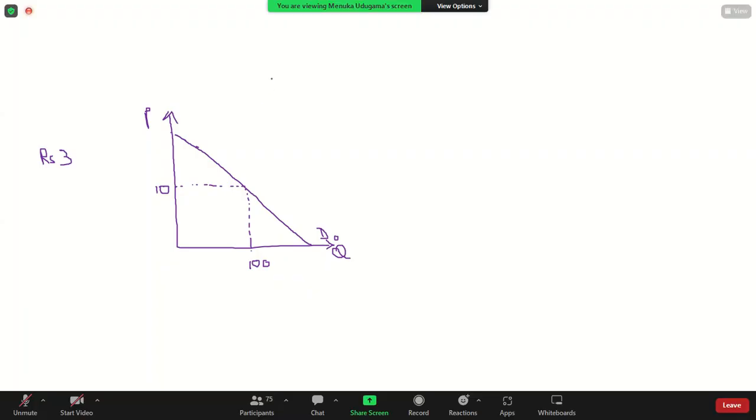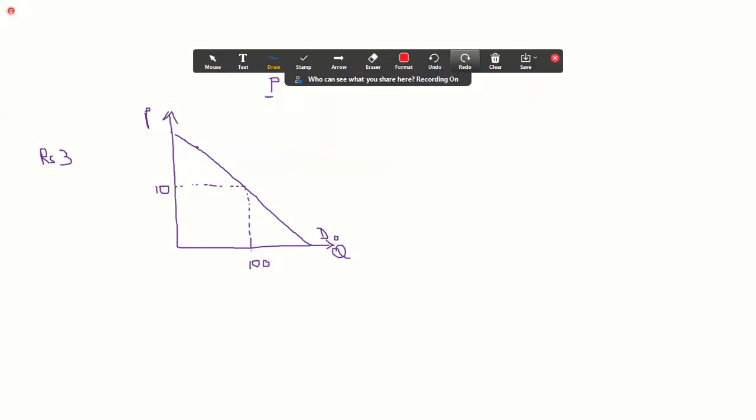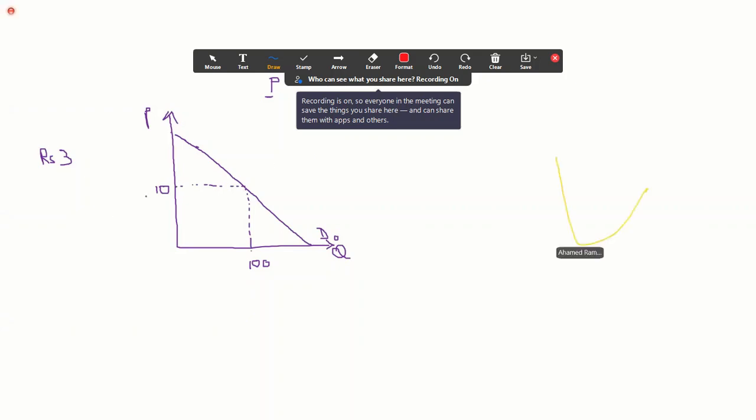So the price that consumers purchase at will depend on how much the producers want to sell it at. So in the market, there are two entities, the producers and the consumers.